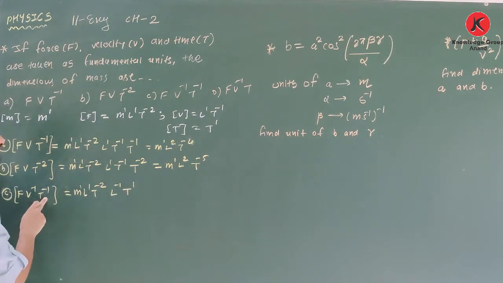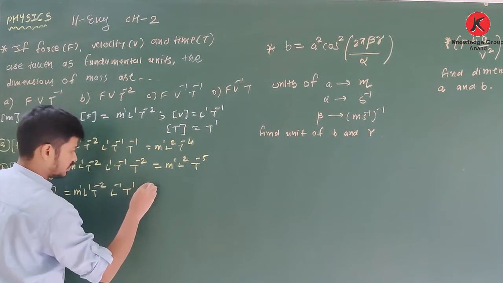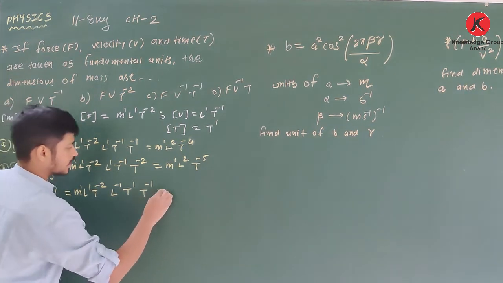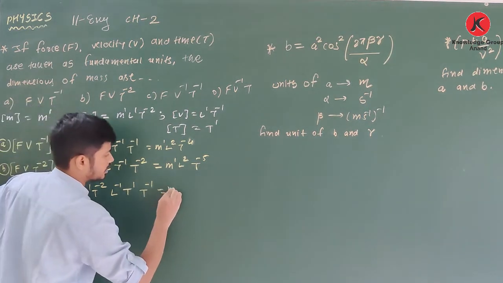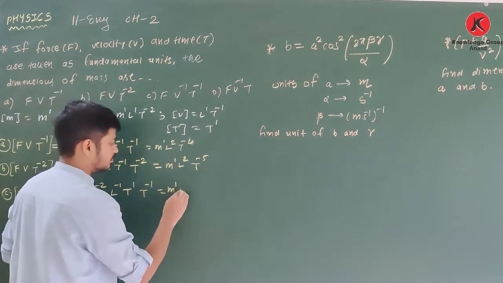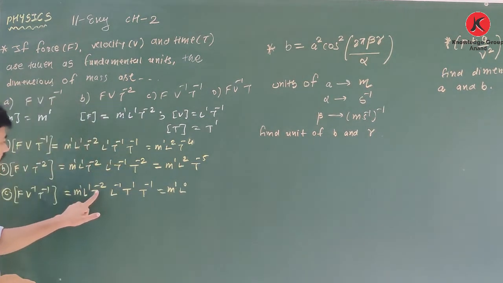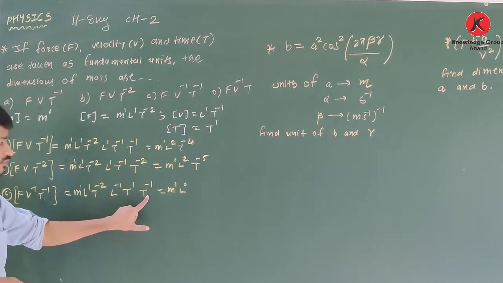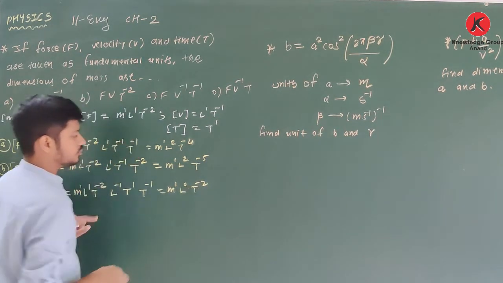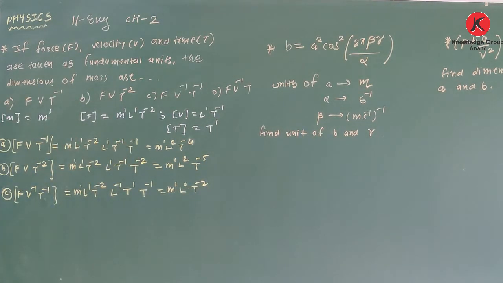And then it is T minus 1. Clear about this? How to find this? There is only one term having M, so this is M1. L1 and L minus 1 will become L0. Then about T minus 2, T1, T minus 1: T1 and T minus 1 cancel out, and then it is only T minus 2. Yes, this option is also wrong.